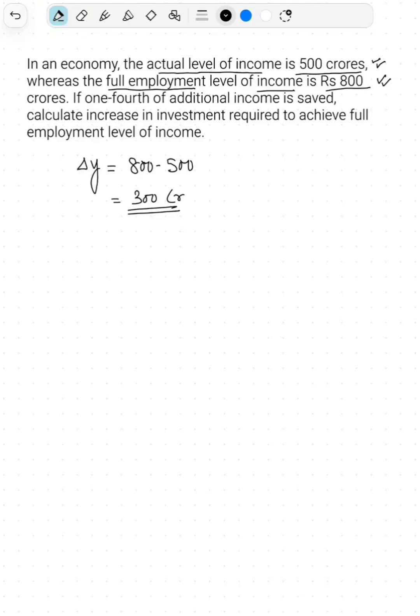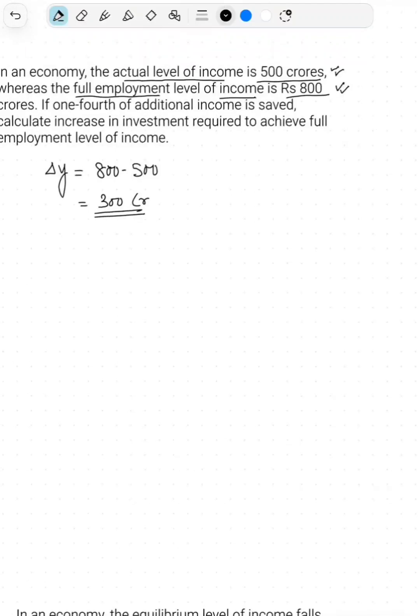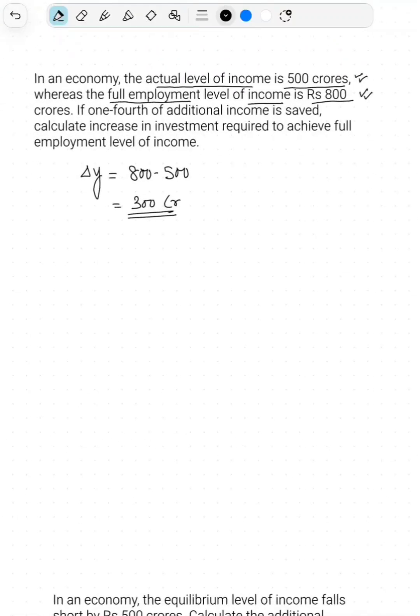I am again repeating, the actual level of income is 500 crore, whereas the full employment level of income is 800 crore. That means the current situation at underemployment is 500 crore, but if we achieve the full employment level, the income will be 800 crores. So the change in income is 300 crore.